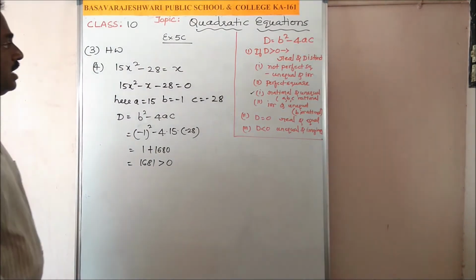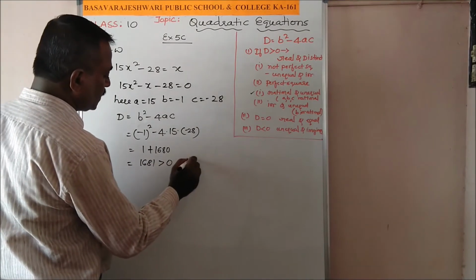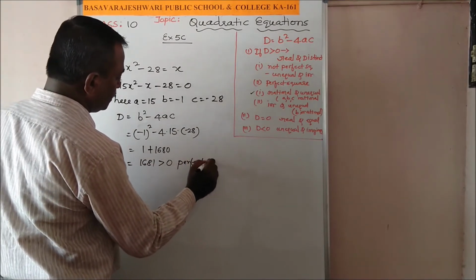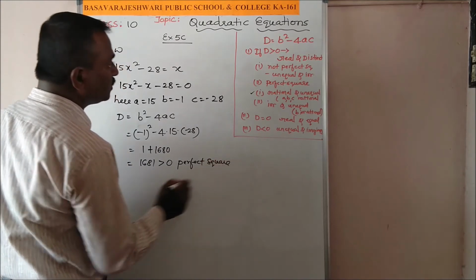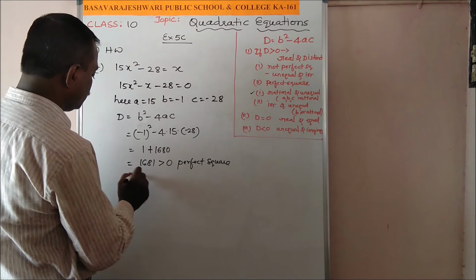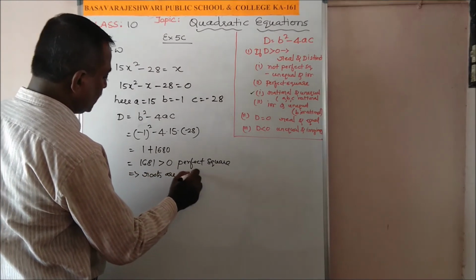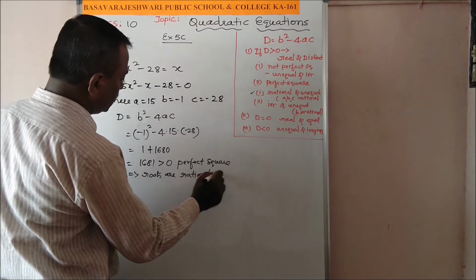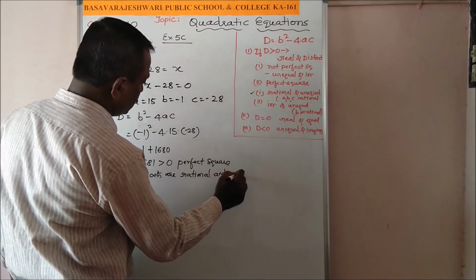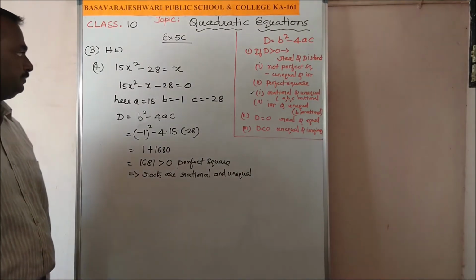It is a perfect square, 41 squared is 1681. Perfect square. So therefore, the roots are rational and unequal. Okay, so note all this sum.